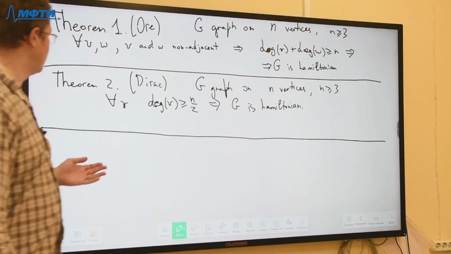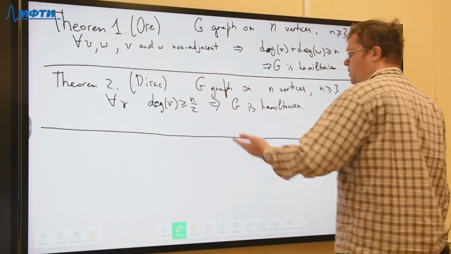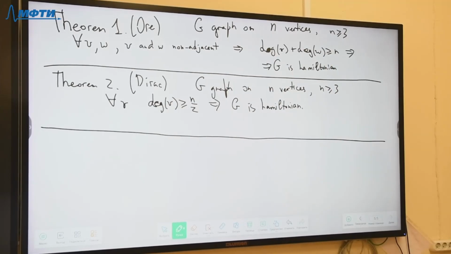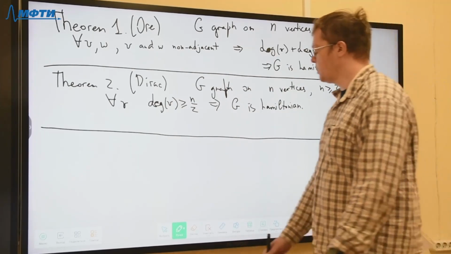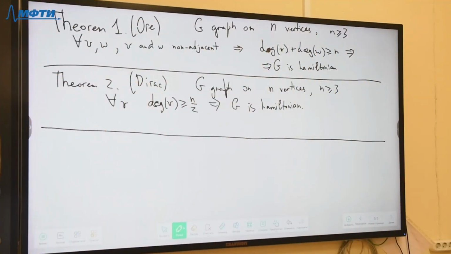So the second is similar to the first, but it is simpler to check because you just look at all degrees, and if all degrees are more or equal than n over 2, then it's Hamiltonian.